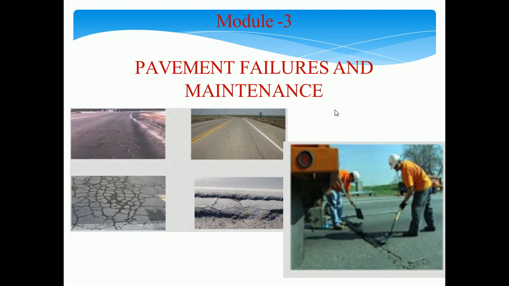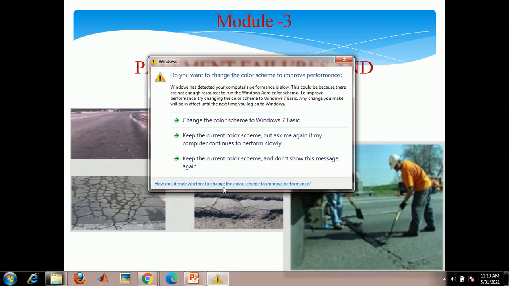Functional evaluation is in the sense you are going to see whether the given or constructed pavement is performing the intended purpose or not. Whether it is providing the smooth surface or the smooth movement of the vehicles, is it possible or not.